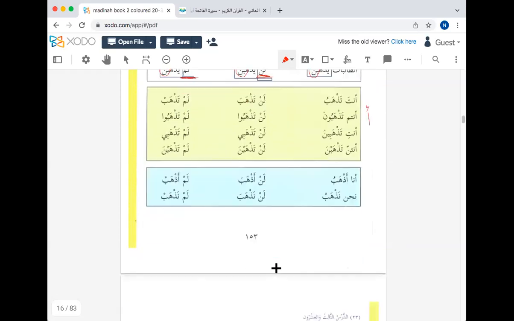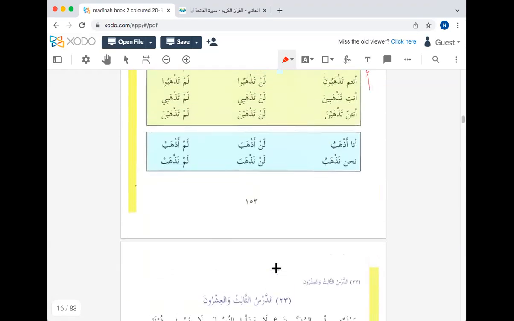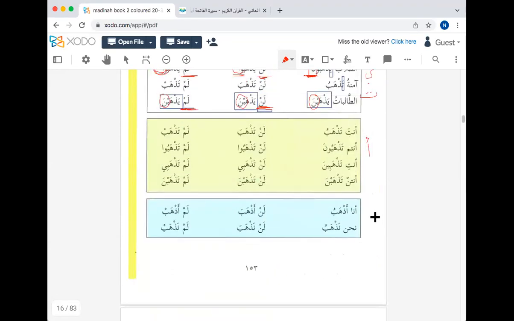So sorry, Ustaz, lan adhab would be for future tense? Future, yes. Lan adhab, that's talking about the future. Okay, shukran jazakallah. I think I'm mistaken here, right? Here's the ta, this is the alif, and there's the noon.